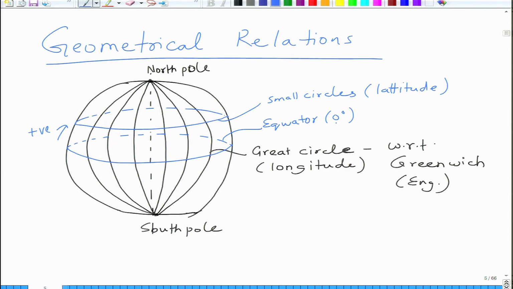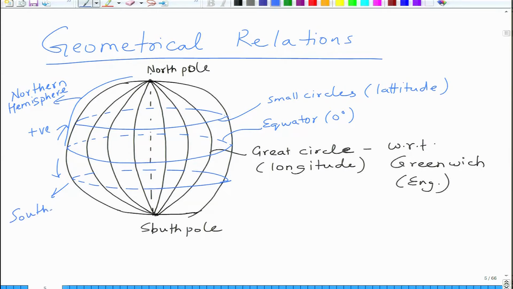On top of it, you are closer to the North Pole, and as you go in the bottom half, it will be in the south, closer to the South Pole. So this is basically the northern hemisphere, and this would be your southern hemisphere.